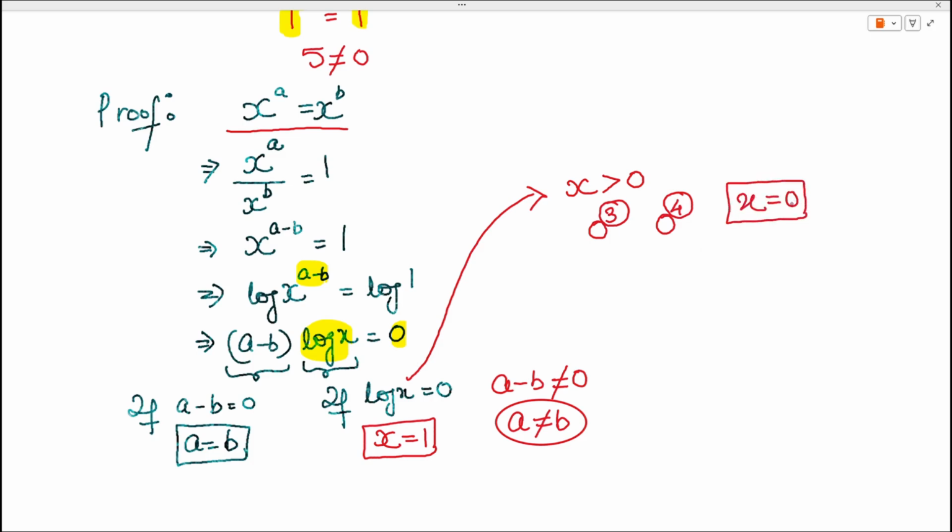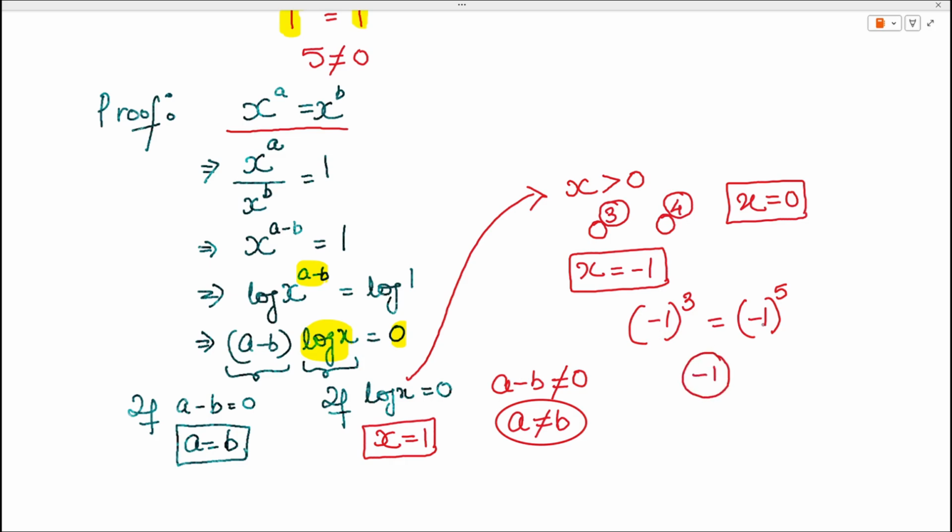That's another condition. And because x has to be greater than 0, if we take x equal to -1, then also this equation does not hold true. We can clearly see it. If we have -1 raised to the power of 3 equal to -1 raised to the power of 5, we know for both of them the final outcome is going to be -1.